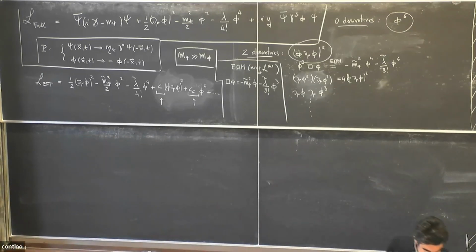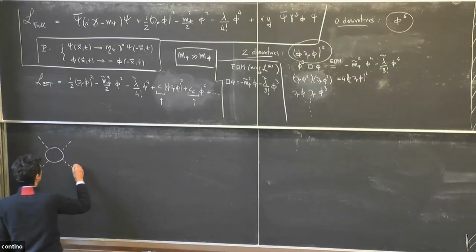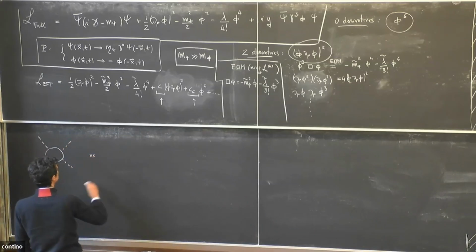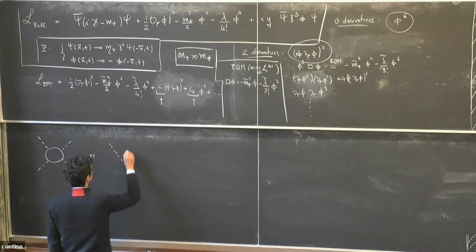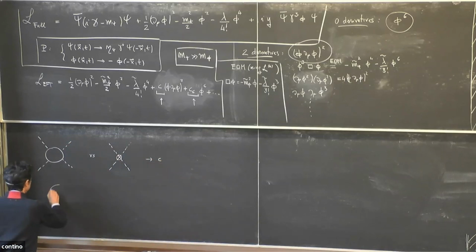So C6, I leave it to you as an exercise, while I'm now going to extract C. So, for example, this gives me the coefficient C, while this is the fermion psi and the green function in the UV theory.